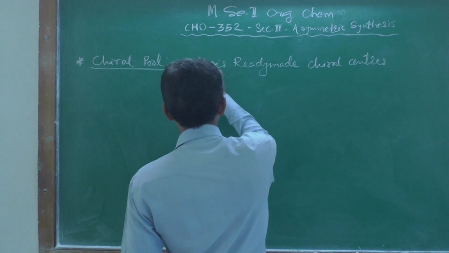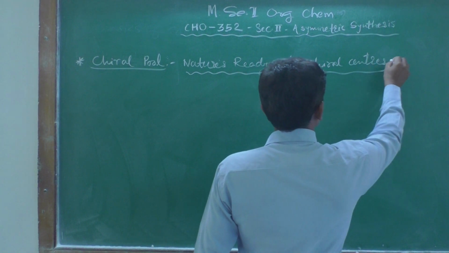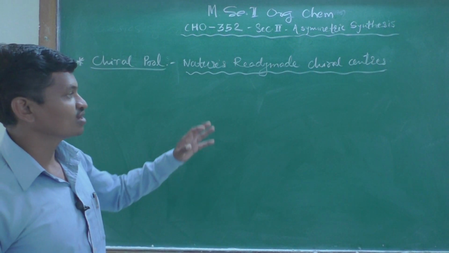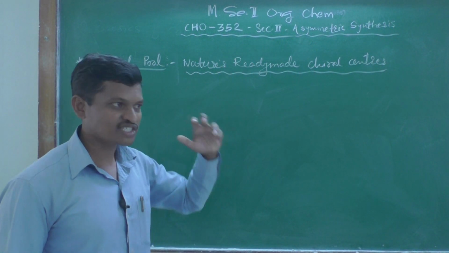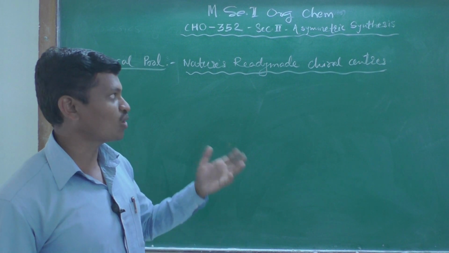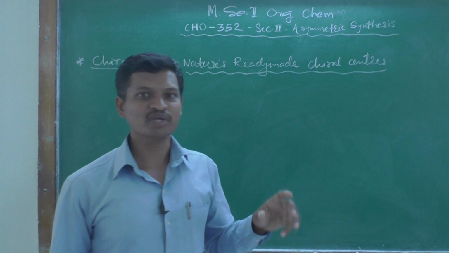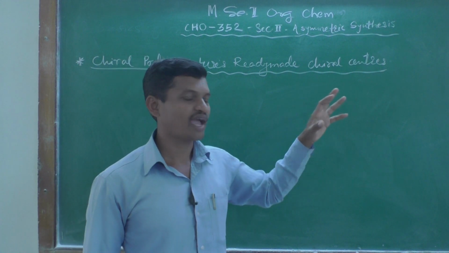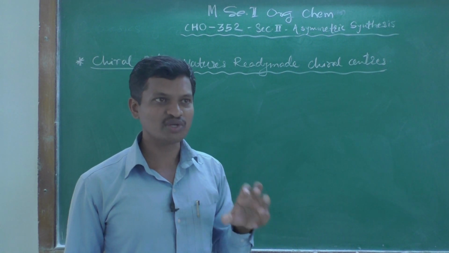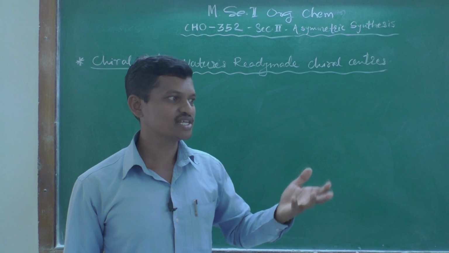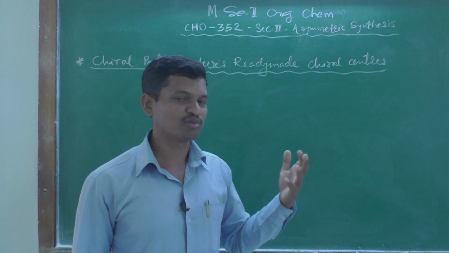As I have already told you, we have to think about such starting materials which are already chiral in nature. Means these chiral centers have their specific stereochemistry which ultimately results in the stereochemistry of the product.